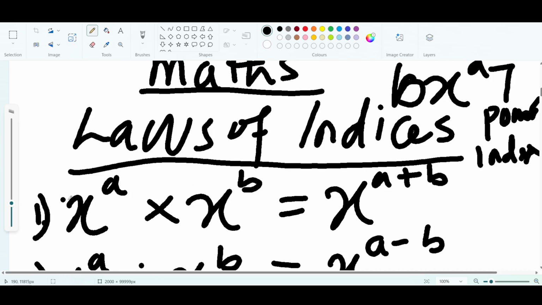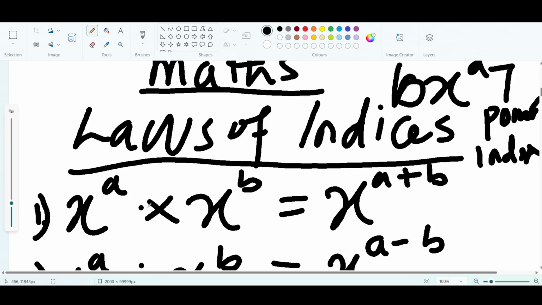Whenever we have a base having a power and another base having another power, this a could represent any number and this b could represent any number. When they multiply each other, we add their powers. So this is the first law of indices.